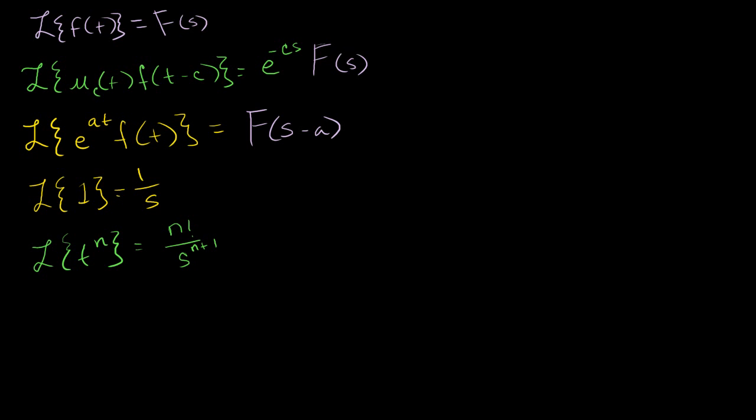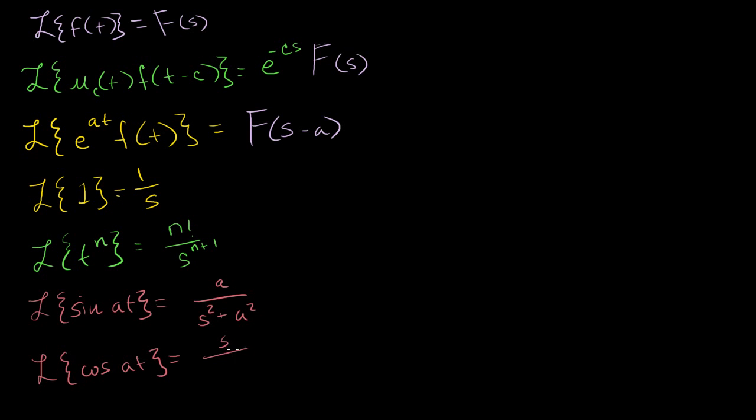And then we had our trig functions. The Laplace transform of sine of at is equal to a over s squared plus a squared. And the Laplace transform of cosine of at is equal to s over s squared plus a squared.